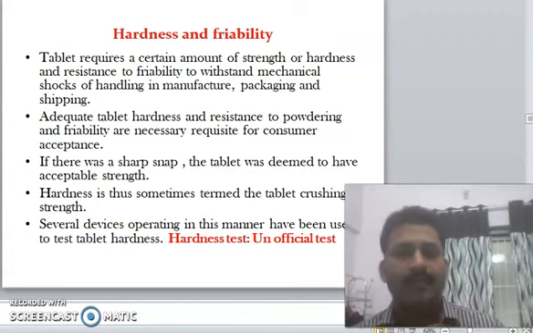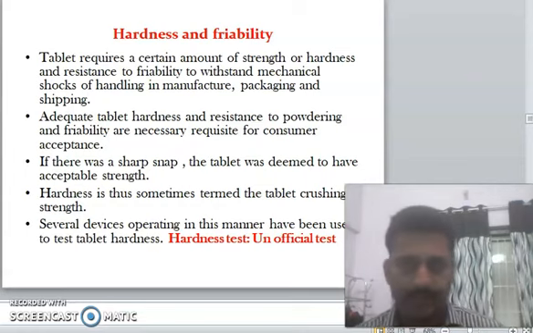Then comes another unofficial or non-pharmacopoeial test, called hardness and friability. Tablets require a certain amount of strength or hardness and resistance to friability to withstand the mechanical shock of handling during manufacturing, packaging, and shipping.